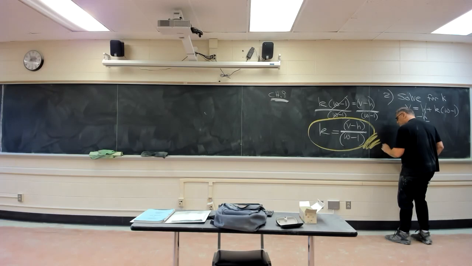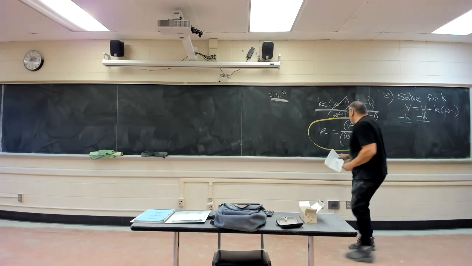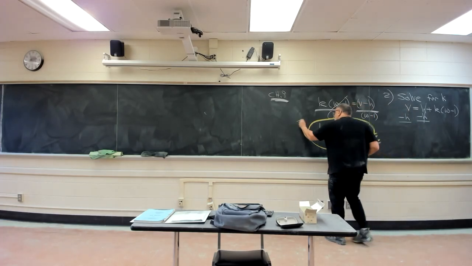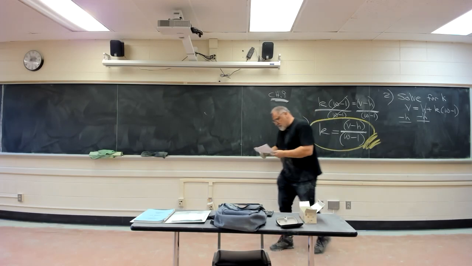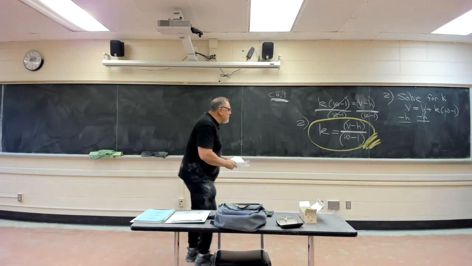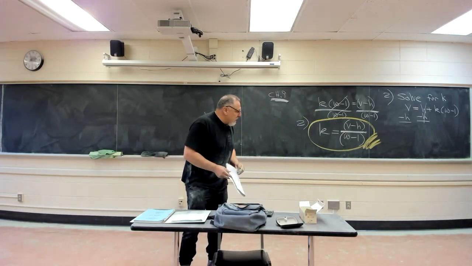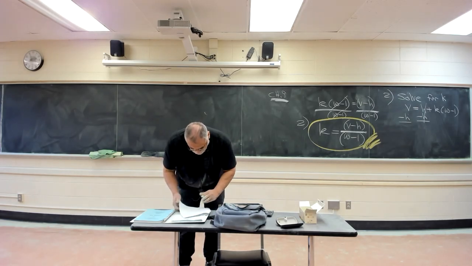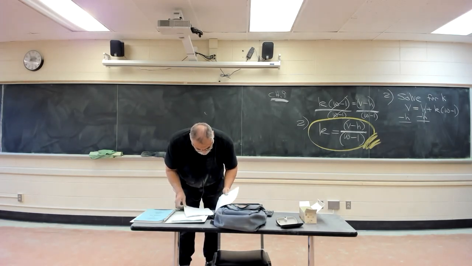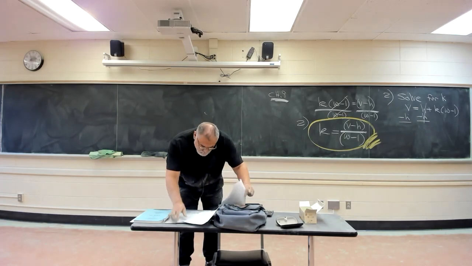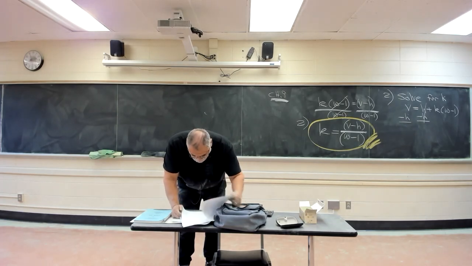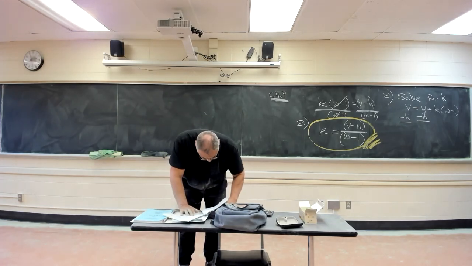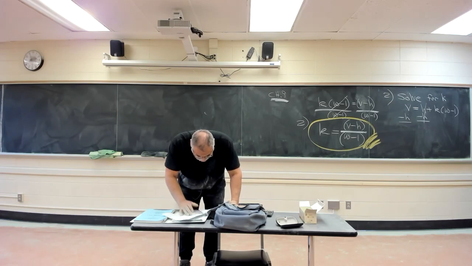Let's take a look at that. That was problem number 2 from chapter 9. So what are we saying here? We're saying V minus H over W minus 1. Let's see what we got.